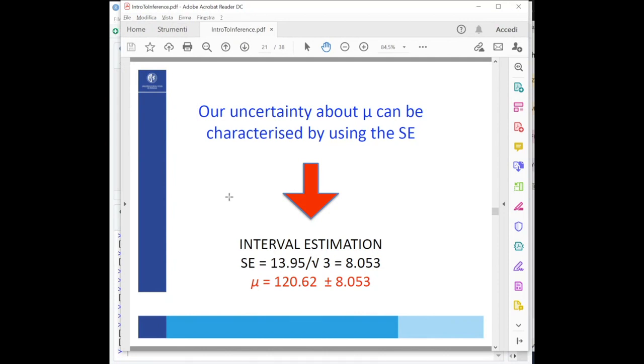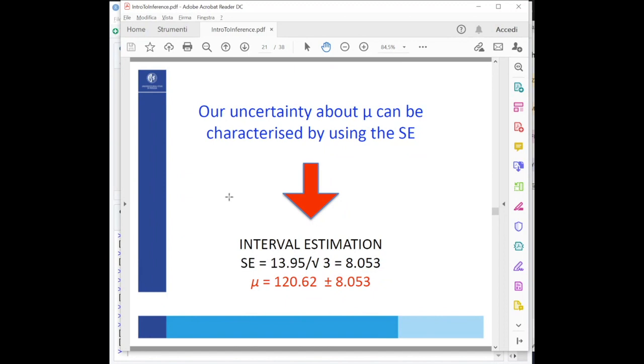Because we know that if we repeat the experiment, the uncertainty of the means is expressed by using a Gaussian distribution, which has a standard deviation equal to the standard error. So we use that. And that's it. That is what we do. We are uncertain, and we disclose the uncertainty.